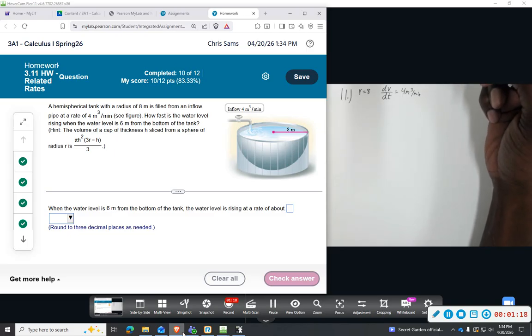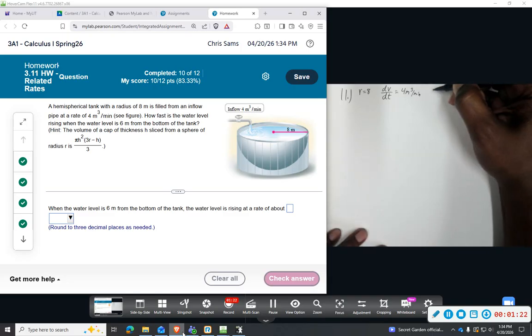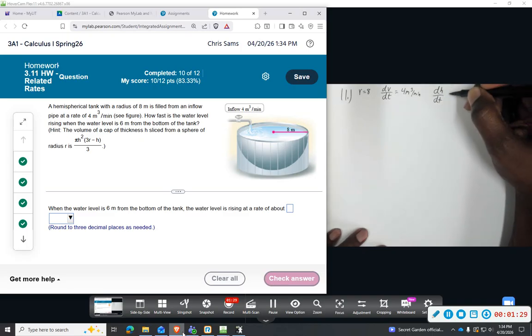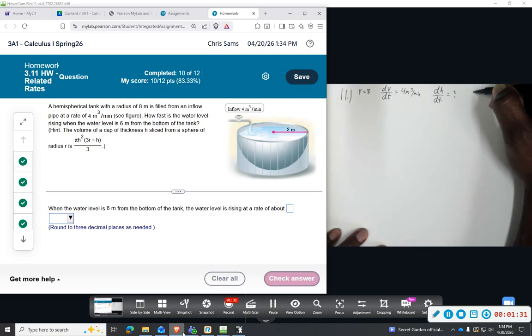We want to know how fast the water level is rising when it's 6 meters from the bottom. So we are looking for dh/dt when h is equal to 6 m.